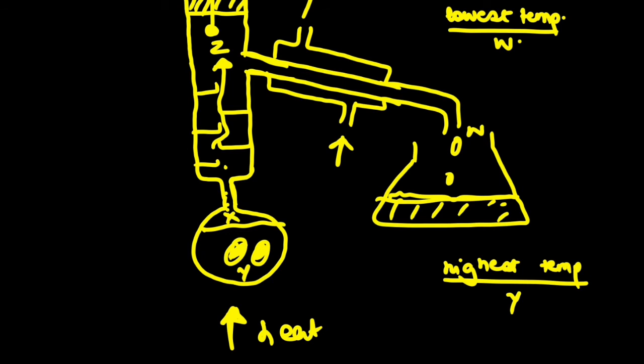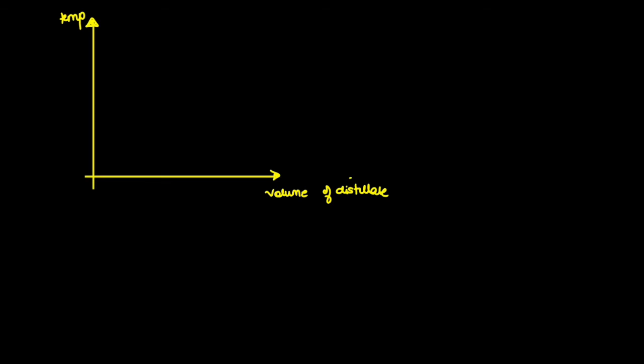I need to make a graph, and I'll be doing it right now. This is the graph I want you to complete. Assume the substance being used is ethanol, C2H5OH, and water. I'm fractionally distilling a solution of ethanol and water. Please let me know what the graph of temperature versus volume of distillate will be. Just pause the video and think. Okay, I assume you have gotten to an answer.